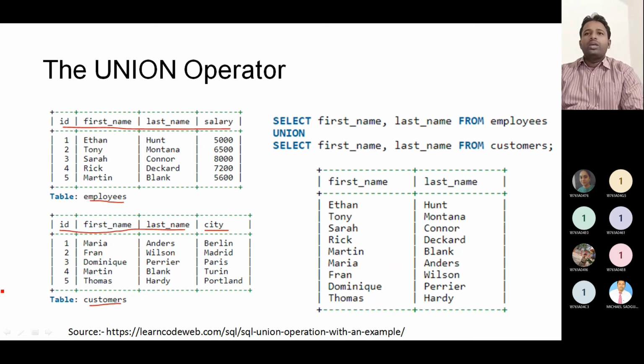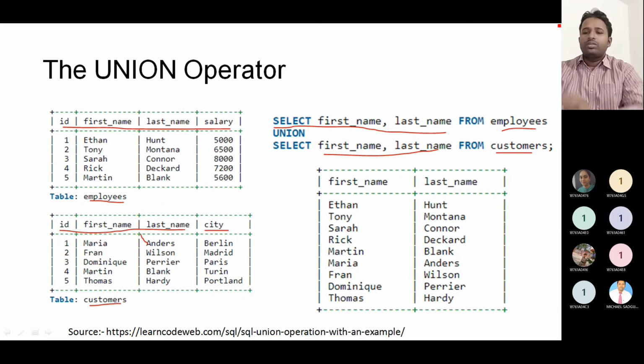Now what are we doing here? We are combining two select queries. Select first name and last name, that's it. We are not taking ID or salary; we are getting only first name and last name from employees, and first name and last name from customers.